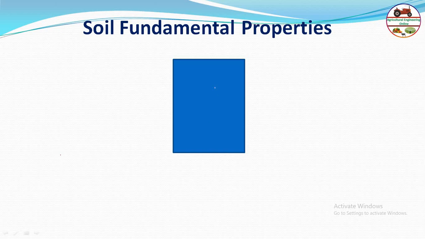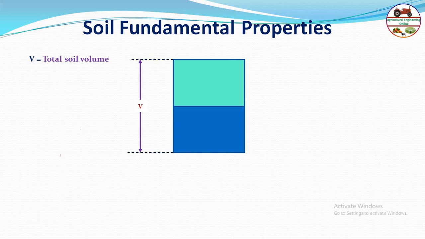If this is the total soil and V is the total volume of the soil, then in this soil there are two parts, one is the solids and the other is the void. Let Vv be the volume of voids and Vs the volume of solids.